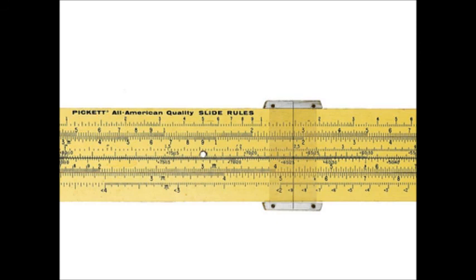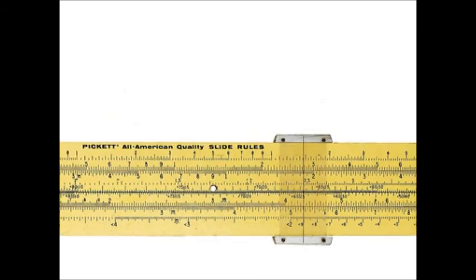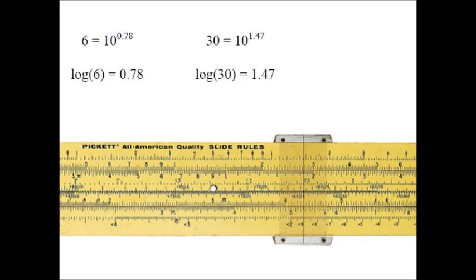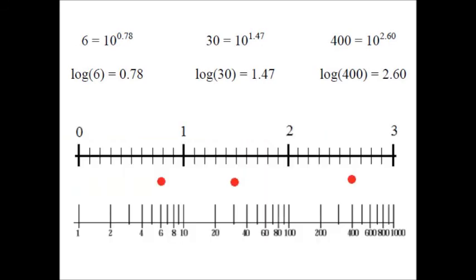First, the slide rule has strange scales on it. They have logarithm scales, and since we're experts at logarithms, you can convince yourself that log 6 is 0.78, or 10 to the 1.47 is equal to 30, or log of 400 is 2.60 because 10 to the 2.6 is 400, and we can graph those facts on two different scales.